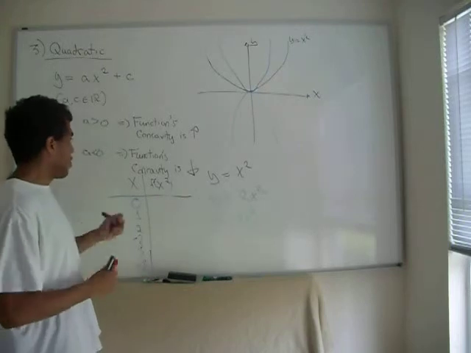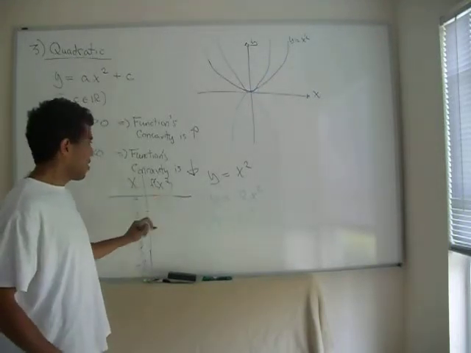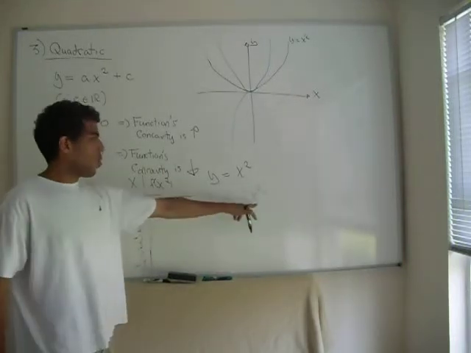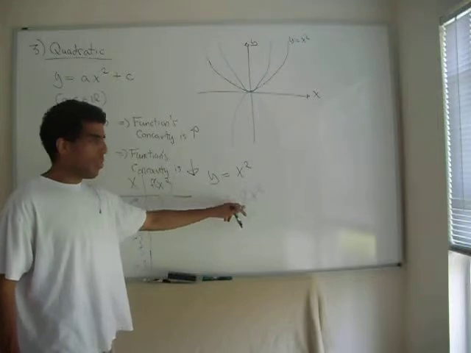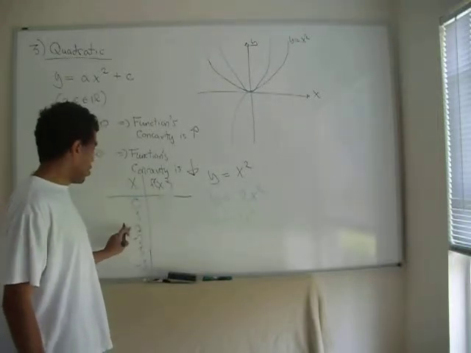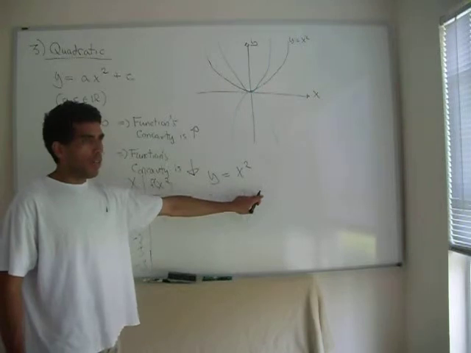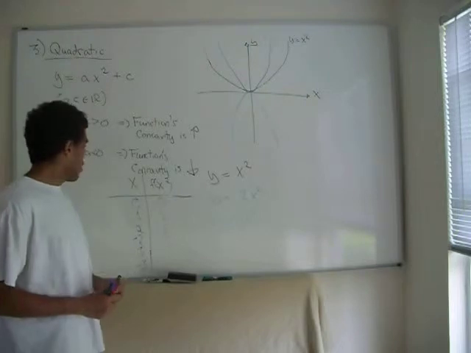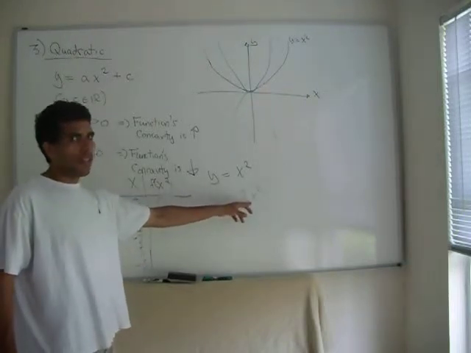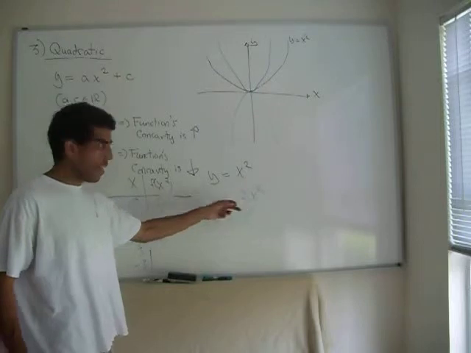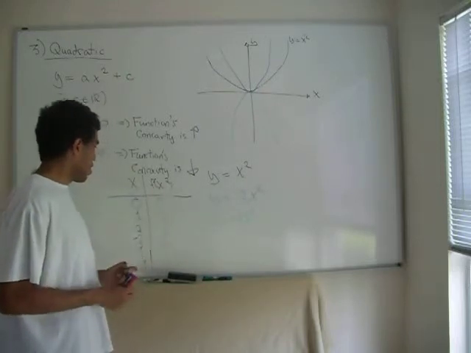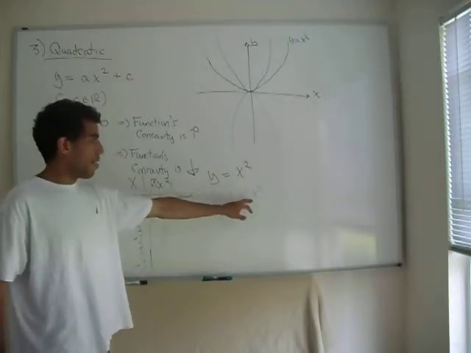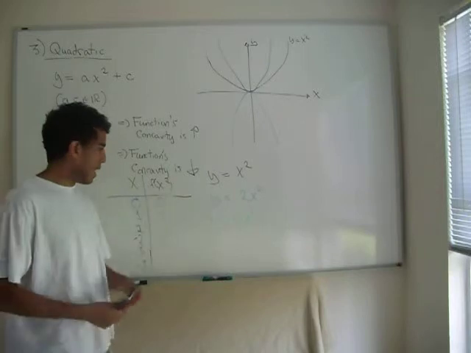Now, what happens with our second example, 2x squared? If x equals 0, y is 0. 0 times 0 is 0. 1: 1 squared is 1, times 2 is 2. 2: 2 squared is 4, times 2 is 8. Minus 2: minus 2 squared is 4, times 2 is 8. 3: 3 squared is 9, times 2 is 18.